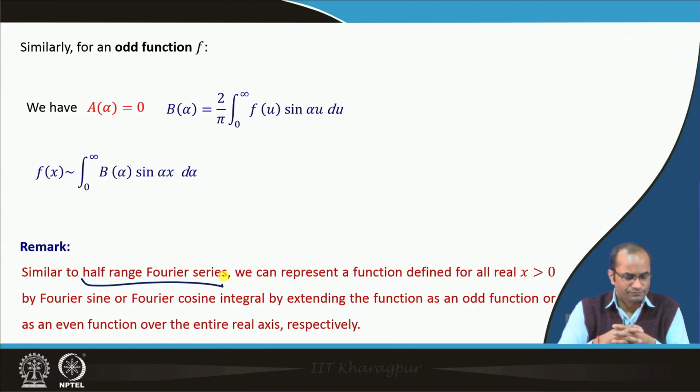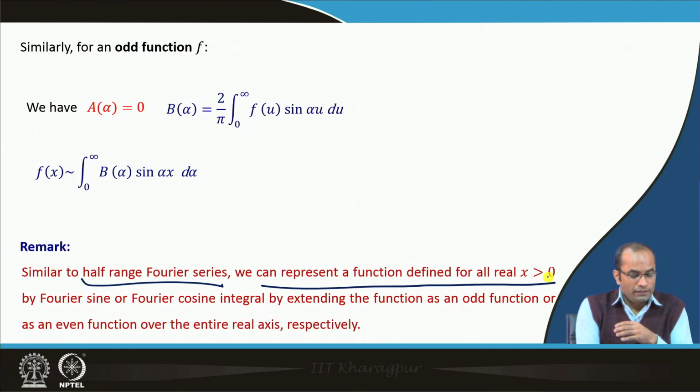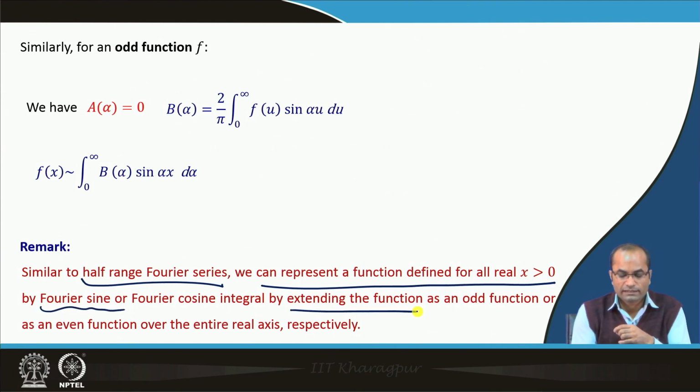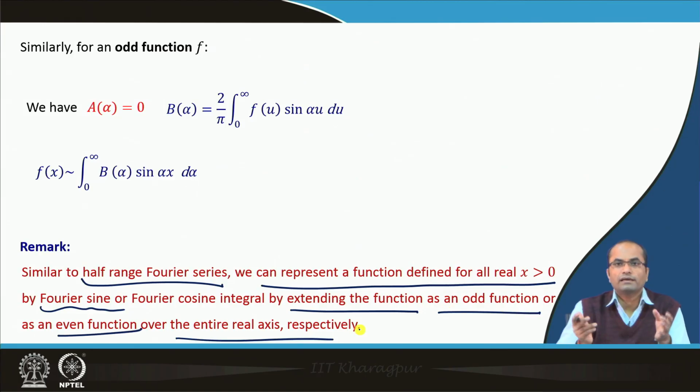A similar structure we have here as well. We can represent a function which is defined, for instance, only for positive x, by extending that function as an odd or an even function over the entire real axis.